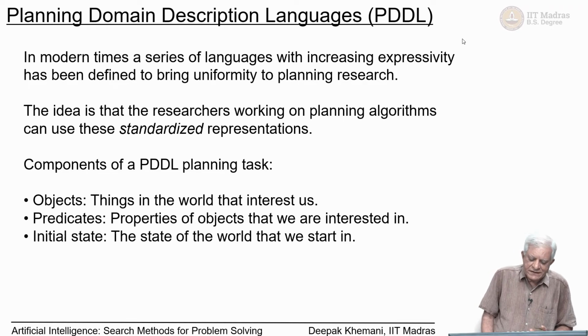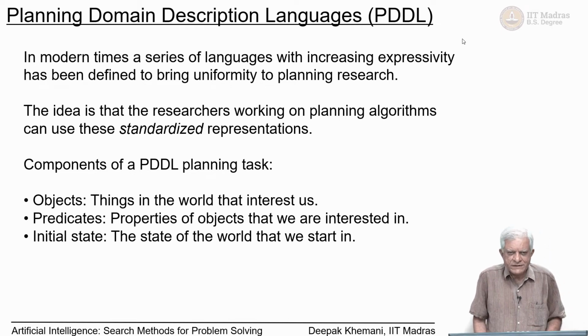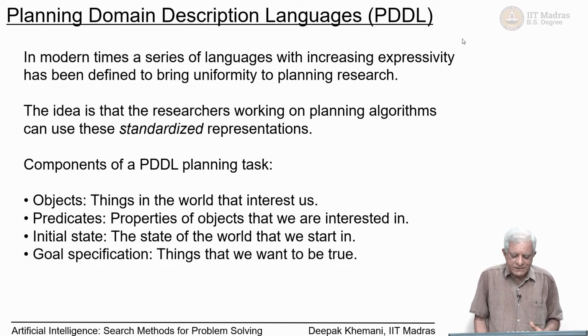There is an initial state description, the state of the world that we start in essentially. And of course, we have been looking at this kind of approach all this while, that there is a start state that is given to you. And there is a goal specification, things that we want to be true essentially. So, a goal is not necessarily always a state, it can only be a part of a state description, and so we will call it a goal specification.